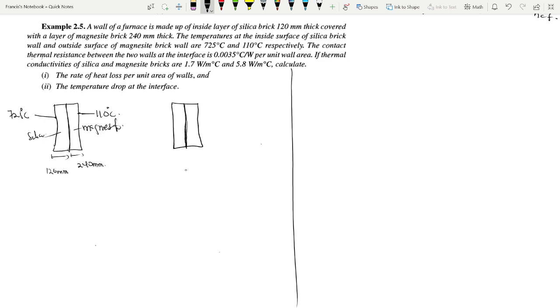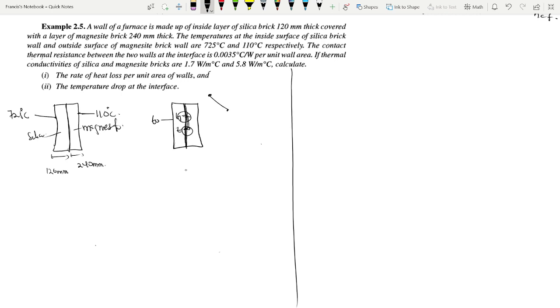Now, if there is a drop between the two surfaces, it means that at the surface combining the two walls, there should be a temperature drop. Let's say there is a T1 here and another T2 here. The temperature here is not equal to the temperature here. That's what it means. If you have a temperature at this point, let's say T naught, there is a temperature drop from T naught to T1.